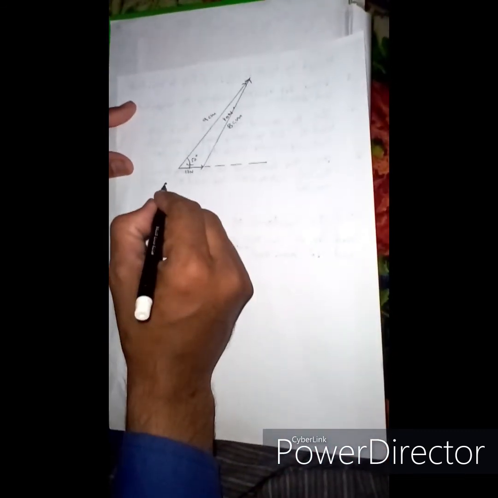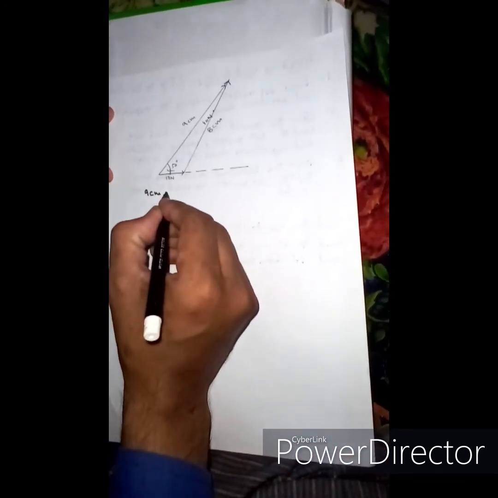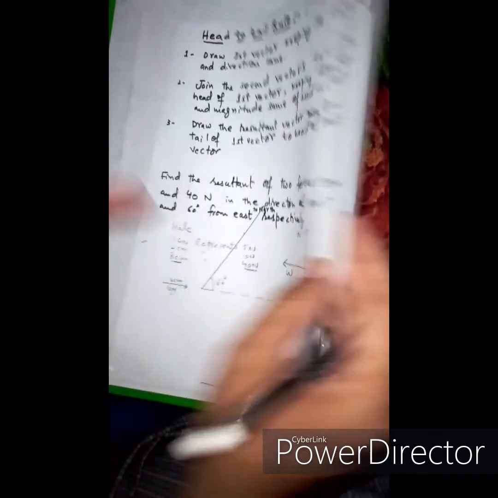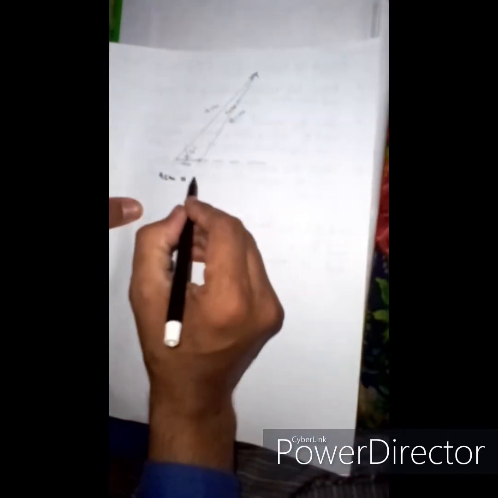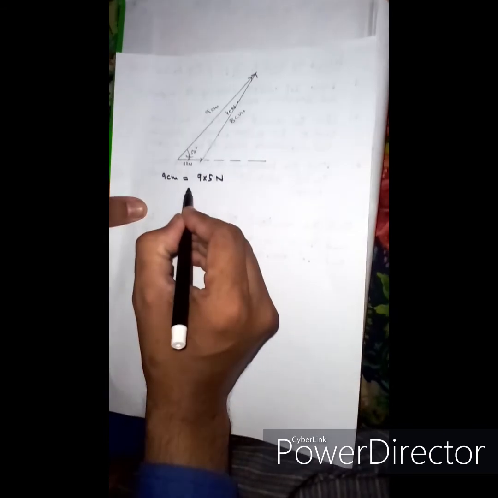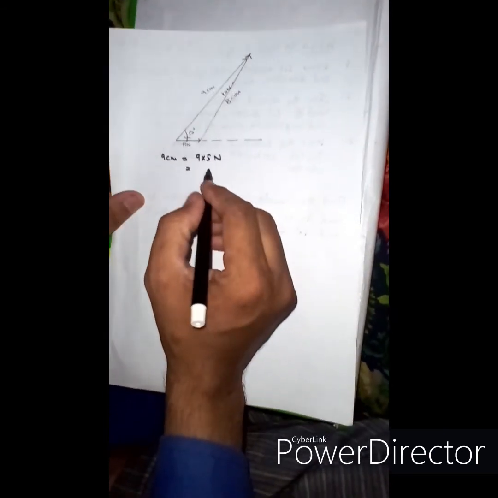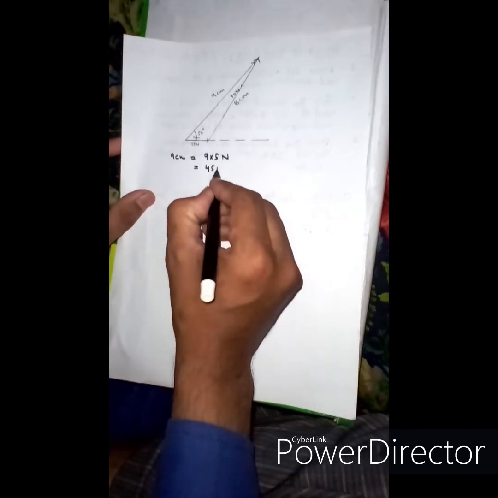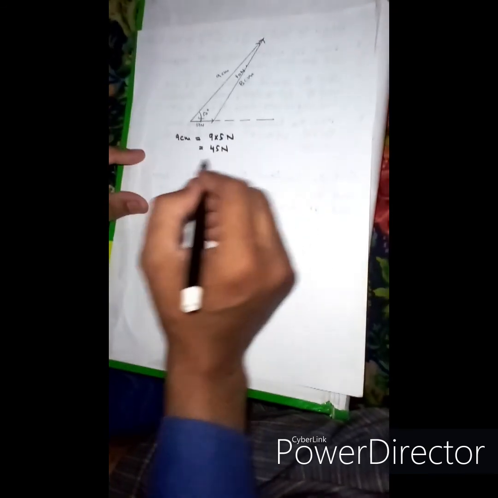This 9 centimeter is equal to how many newtons? 1 centimeter is representing 5 newtons. So 9 centimeters means 9 multiplied by 5 Newton. Because 1 centimeter represents 5 newtons, 9 centimeters represent 45 newtons. Here we have the resultant, that is 45 Newton.